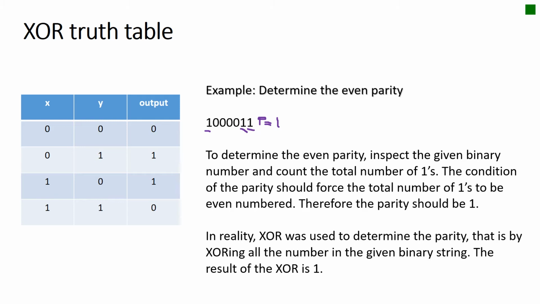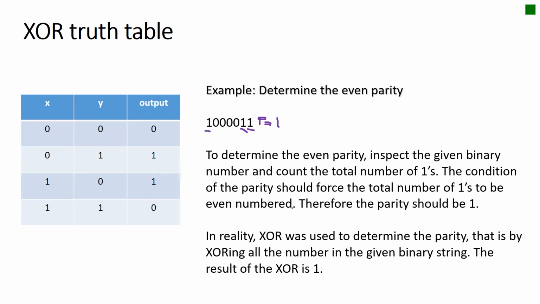Again, to determine the even parity, you need to inspect the given binary number and count the total number of 1s. The condition of the parity should force the total number of 1s to be even numbered, including the parity bit. Therefore, the parity bit for this example should be 1.